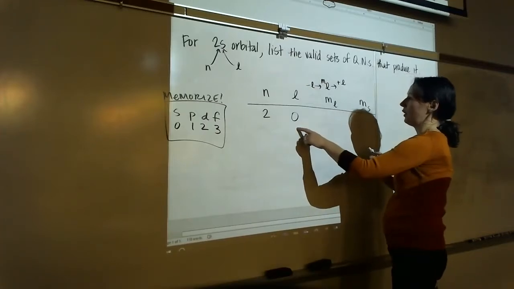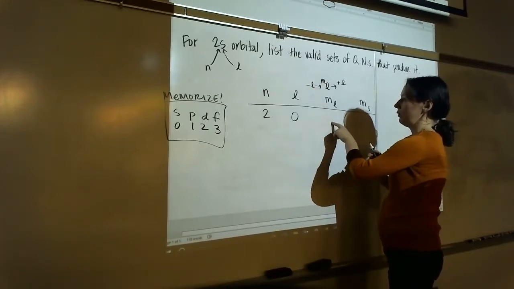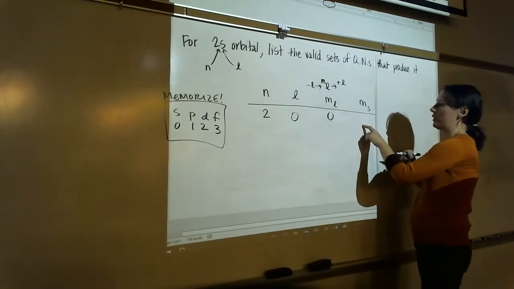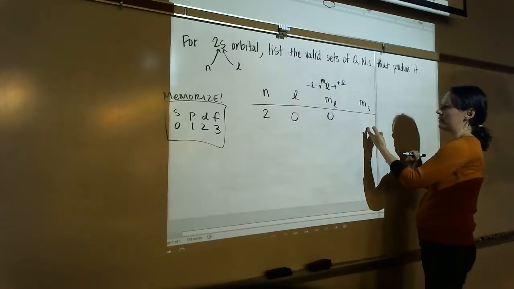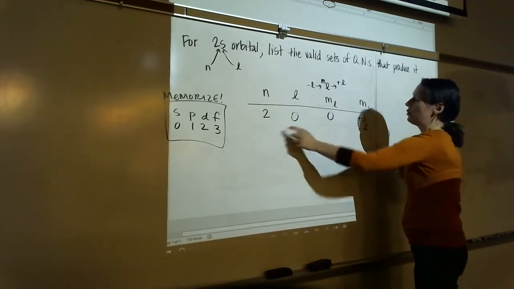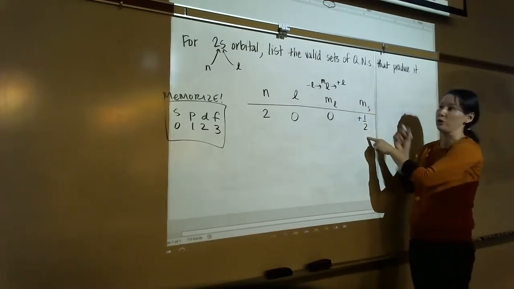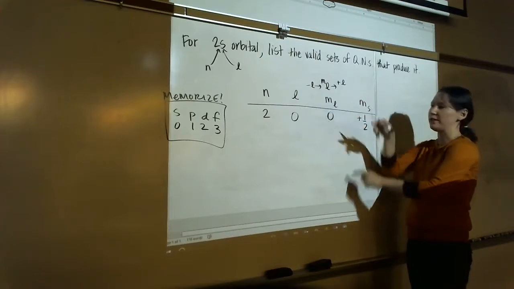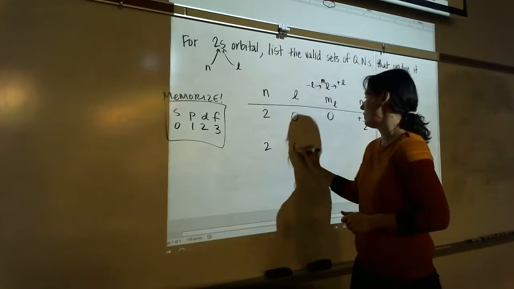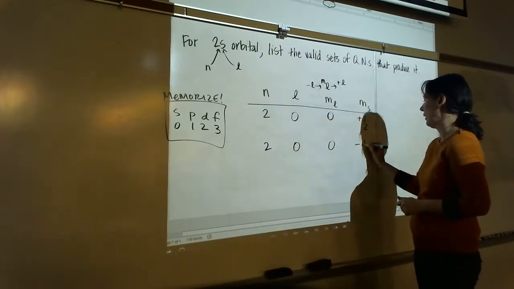So if L is 0, the only value of m sub L is 0. And then m sub s, what's the possible value of m sub s? There's positive 1/2, so 2, 0, 0, positive 1/2 gives you a 2s orbital. What's the other way that you could get a 2s orbital? Okay. All right, 2, 0, 0, negative 1/2.